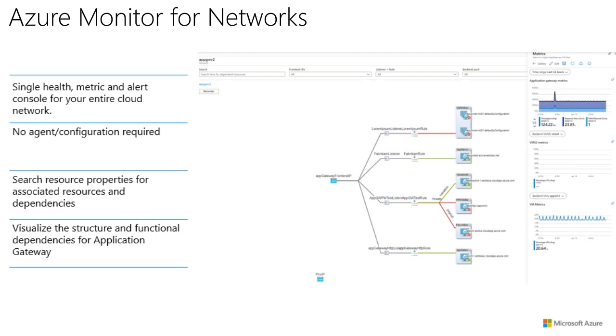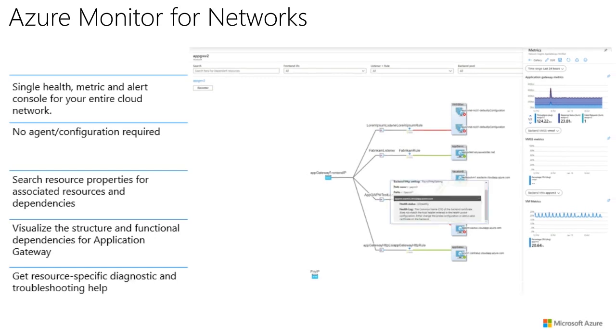So we give you a visual view of the configurations that are involved. In this case, you can see there's a front-end IP, there are a bunch of rules and listeners connected to different backend pools. Along with that, you also observe that there are red and green lines. That's when we pre-run diagnostic APIs that the services provide and are able to populate the results so that you can take corrective actions from that point onwards.